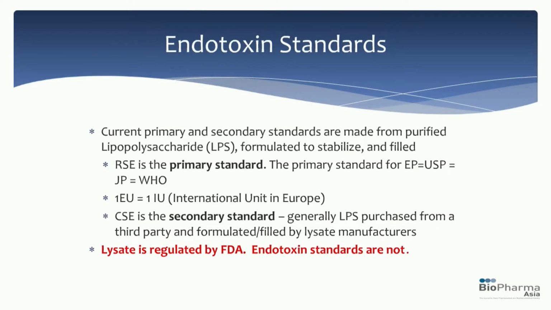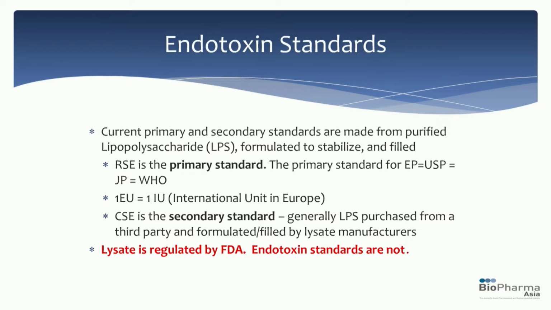So let's talk about the RSE standardization, RSE-CSE. The current primary and secondary standards are made from purified lipopolysaccharides. Those purified lipopolysaccharides are extracted and purified from the cell walls of gram-negative bacteria. In the case of the RSE, it's E. coli O113.